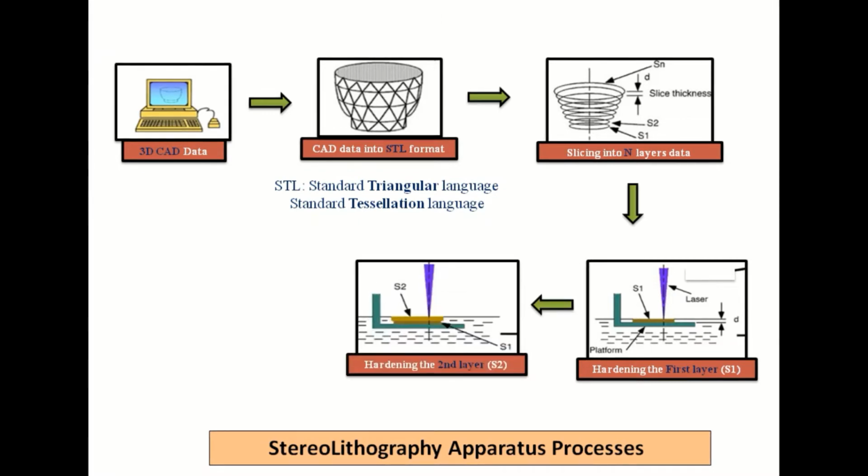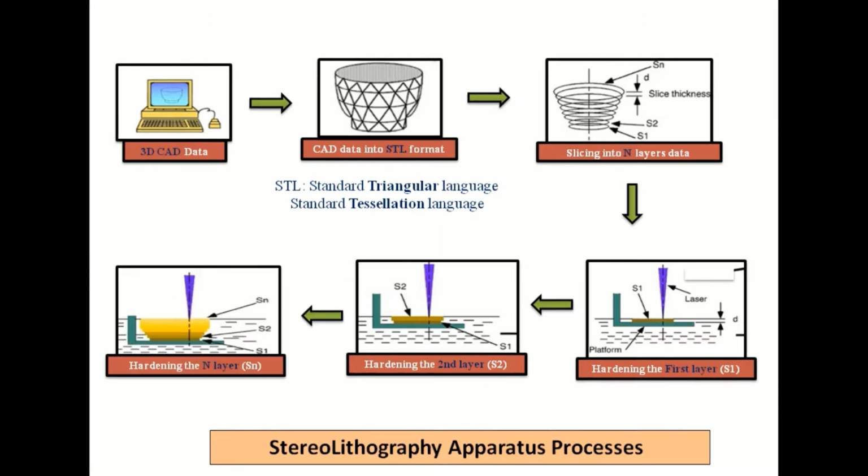After the first layer is created, we have to create another layer, that is the second layer. Same process: again the laser draws on the liquid resin and draws a pattern as given in the 3D CAD file data, and the layer will be formed. This process continues up to the n layers.